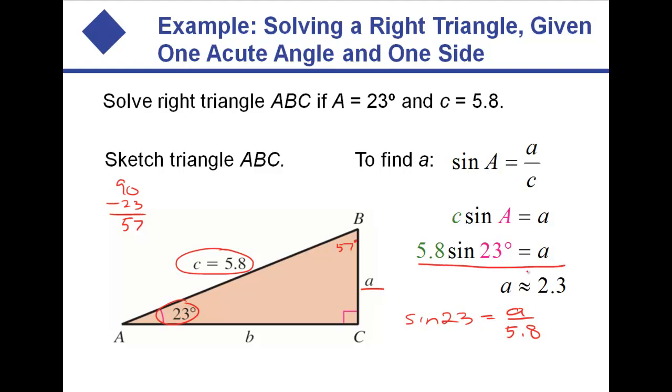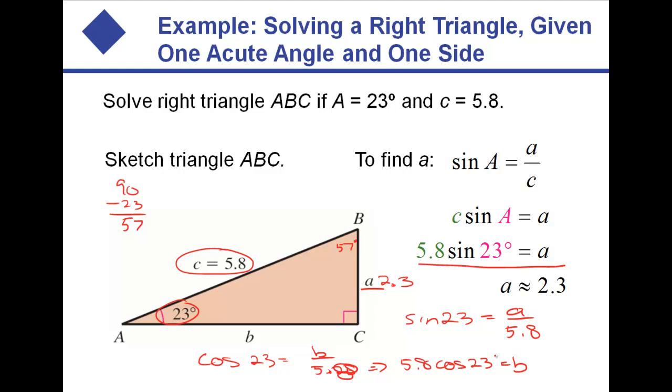And then if you just stick that in your calculator, that's where you get 2.3. Of course, you can do the same trigonometric trick for getting B using cosine, right? Cosine of 23 is going to equal B over 5.8, which means 5.8 cosine 23 equals B. Plug that in your calculator and be done.